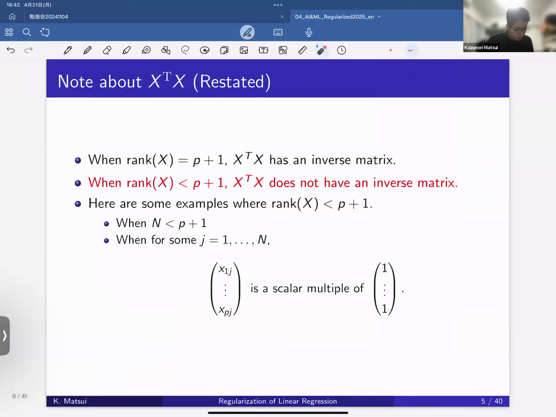However, we need to check the rank to see if X^T X really has an inverse matrix. If rank X equals p plus 1, it has an inverse matrix. But when it is less than p plus 1, it is known that X^T X does not have an inverse matrix.